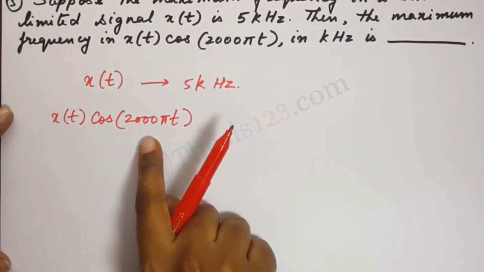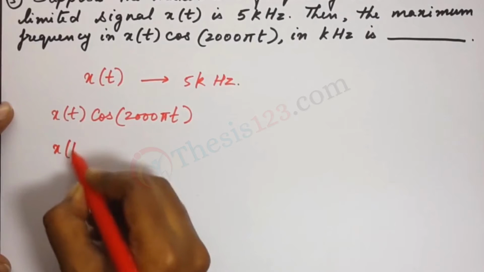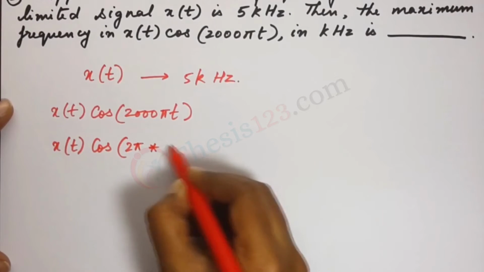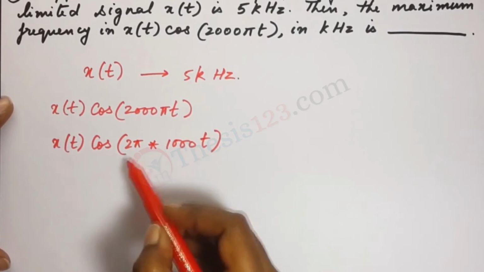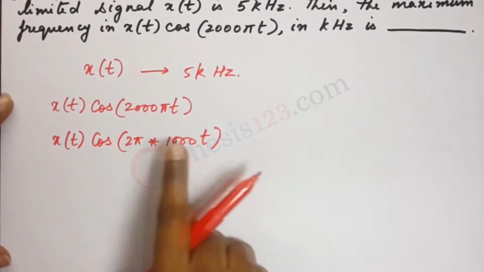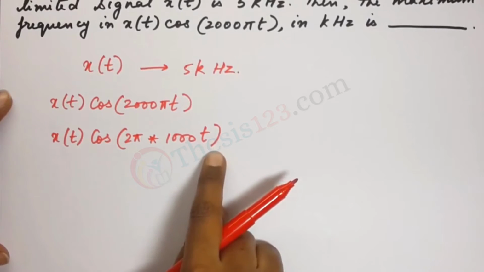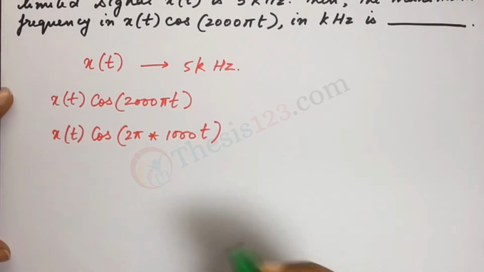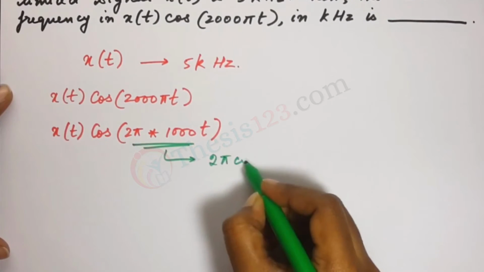Now if you will notice here, we can split this and write it as x of t cos of 2 pi into 1000 t, because usually we write it as 2 pi omega t. So that's why in splitting it, we'll be able to write it as 2 pi times 1000 t. So I'll just write that here. The form of which you have to note is usually in terms of 2 pi omega t.